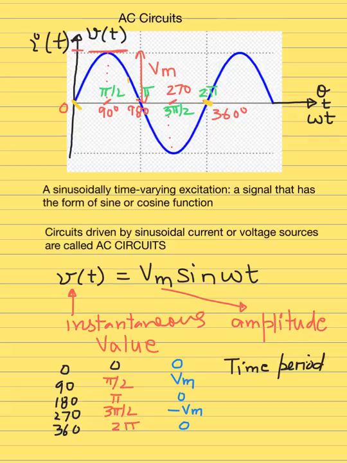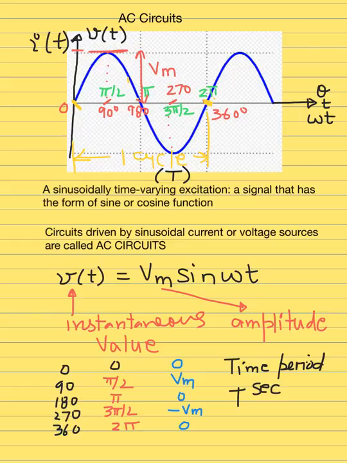From this point onwards, it's the same value, it's the repetition. So this is called one cycle. The time taken to complete one cycle is called the time period, and we represent it with uppercase T, and of course the unit is seconds.